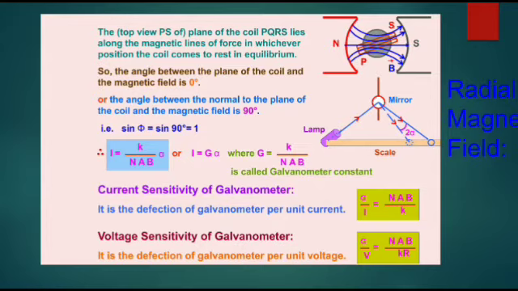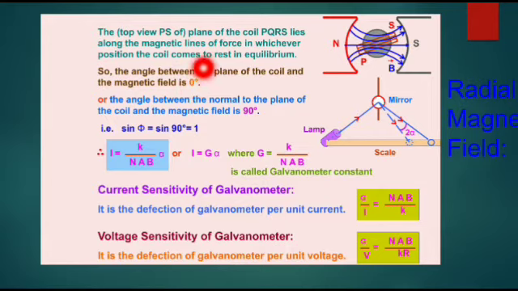See this another diagram. This is the north pole and this is the south pole, this is the coil and this is the soft iron core. So PQRS lies along the magnetic lines of force, whichever position the coil comes to rest in equilibrium. The angle between the plane of the coil and the magnetic field is 0.